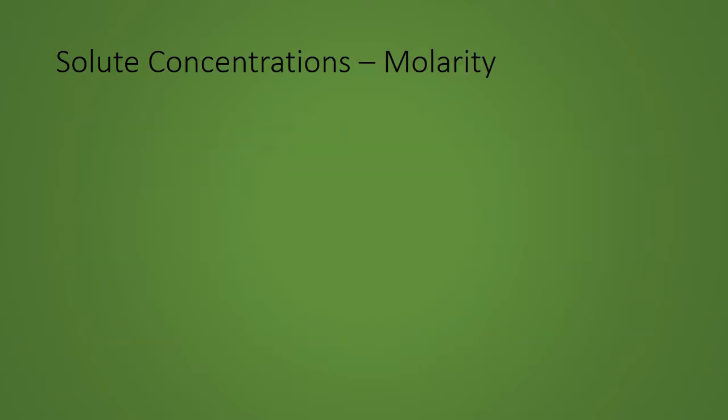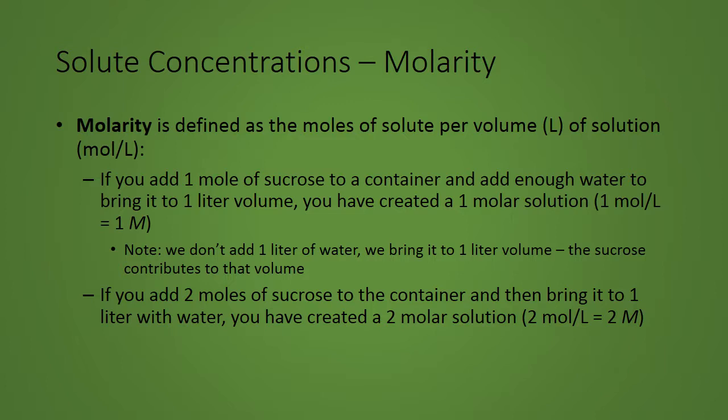So now how do we describe actual concentrations? One of the most common concentration units is something called molarity. It's abbreviated with a capital italicized M, and it is defined as the moles of solute per liter of solution. Well, in the previous 2 slides, you just figured out how to calculate moles of solute.